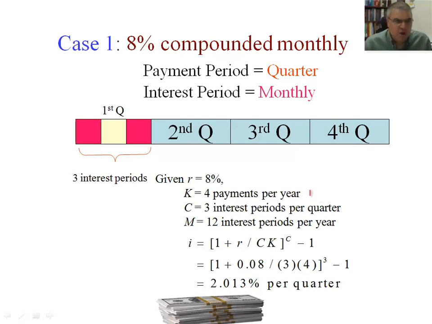So, in this case, r is 8%, k is 4 payments per year, and c is 3 interest periods per quarter, since the interest period is monthly. And capital M is 12 interest periods per year.